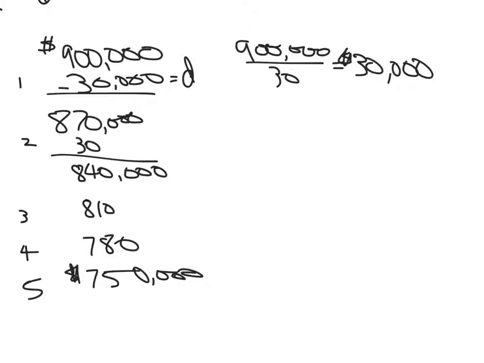Okay, not terrible. Note that the difference of terms of an arithmetic sequence is constant. It doesn't change. Every time we do this, we subtract 30 or we add 30, depending on what the difference is. If you're depreciating, you're taking away 30.